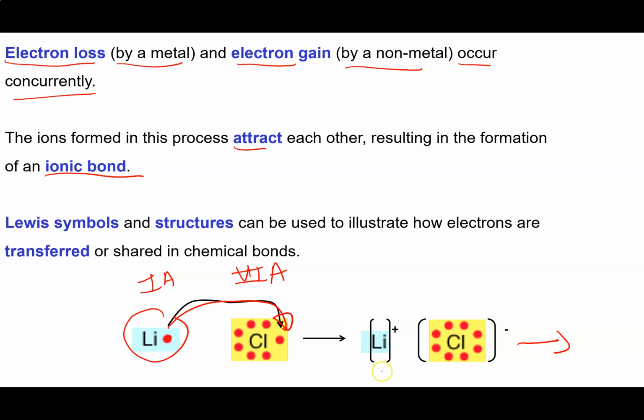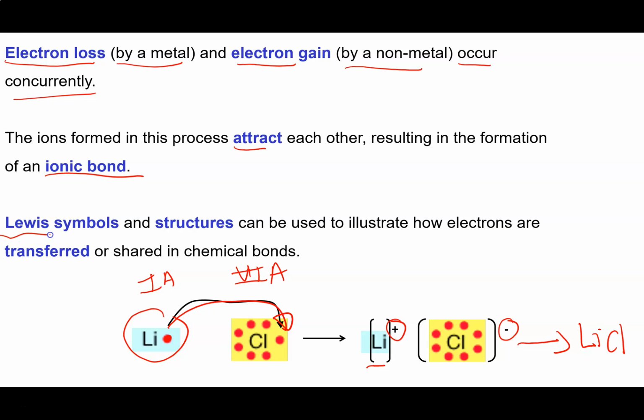This results in the formation of a lithium ion, which we've indicated here by putting a plus sign there, and then a chloride ion, which has 1 minus because there was 1 electron that was gained, that has a complete outer shell. Now people commonly put an extra arrow here and then just write the formula for the ionic compound that forms. So it's a pretty simple idea.